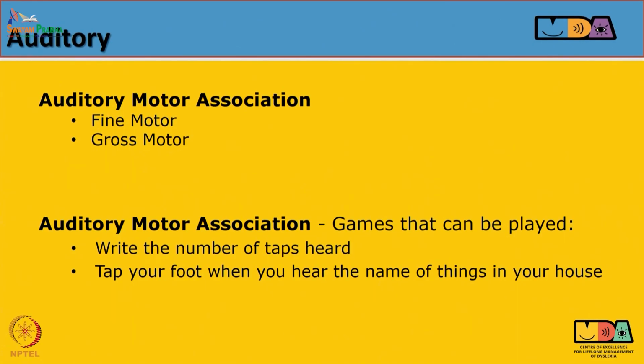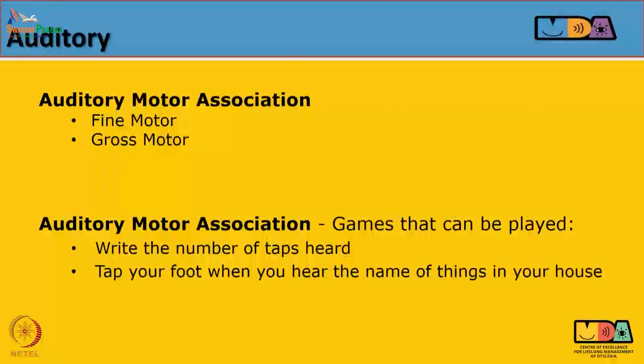One is the same Simon Says game, where you tell the child to sit and stand and lift your hands. That could be one very nice game, because he is representing what he has heard by moving either his whole body or the dictations that you give. That is also an auditory motor association activity.